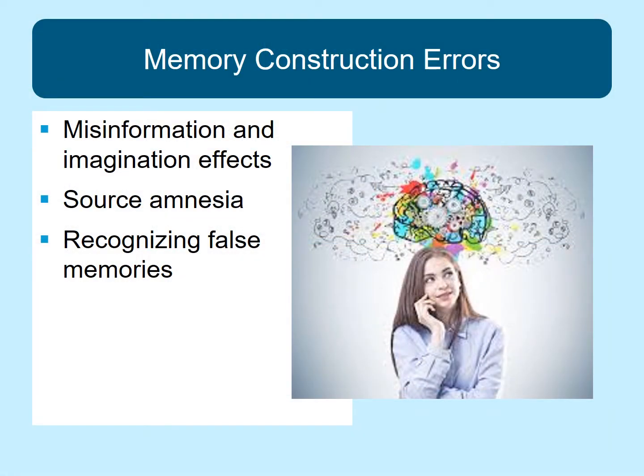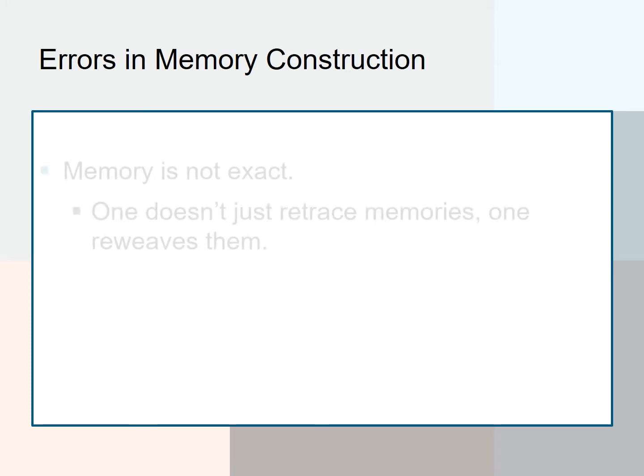So let's talk about memory construction errors. There is the possibility of misinformation and imagination. There's something called source amnesia, which we'll talk about, and we will talk about recognizing false memories. Let's talk about errors in memory construction.